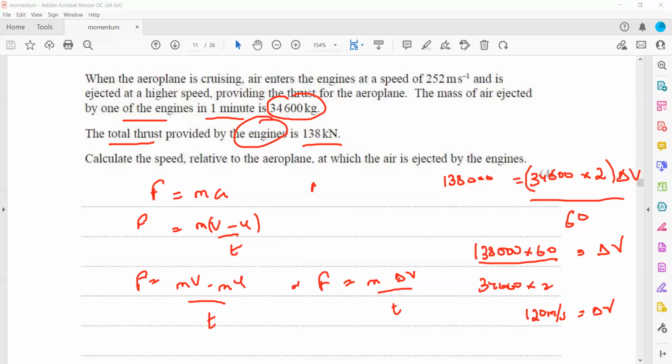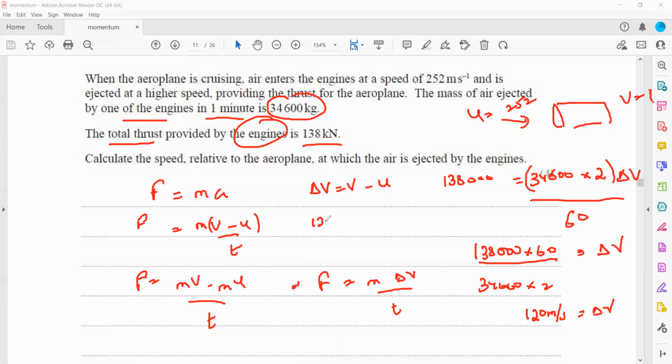So delta V, or the change in velocity, is final velocity minus initial velocity. The speed at which the air entered the engine, the initial, was given as 252. We need the final, and using this formula we calculated the change as 120.